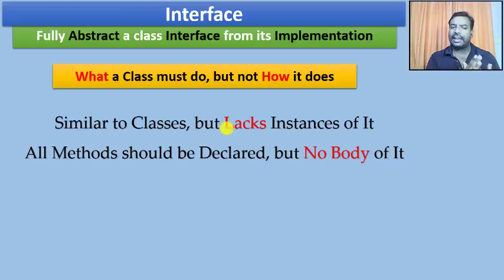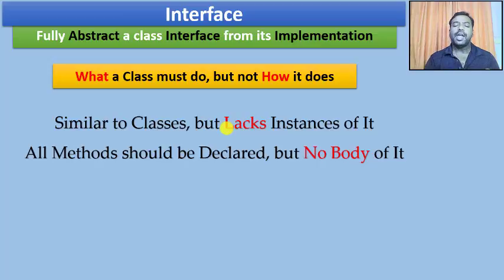If I declare a class, you can declare an object. If I declare an interface, you are not supposed to create any object for this interface, similar to an abstract class. And all the methods I put inside the interface should not have any body. Clear? It should be just a function declaration.